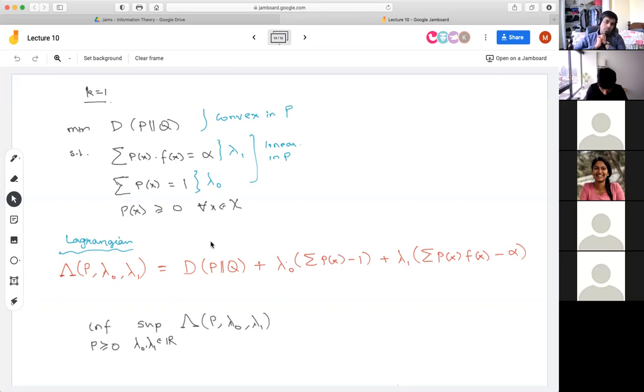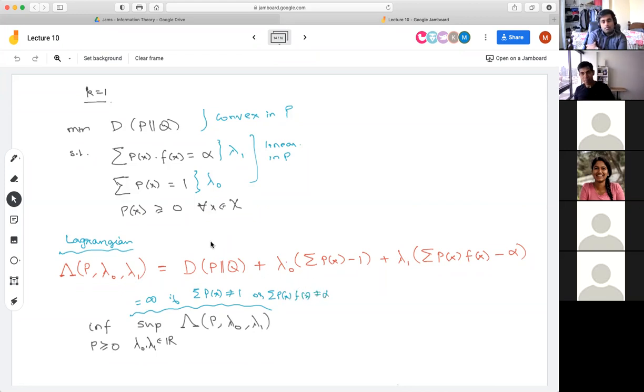Okay. And that's just because, at least the way we wrote it down, the inside is equal to infinity if summation p of x is not equal to 1, or summation p of x f of x is not equal to alpha.